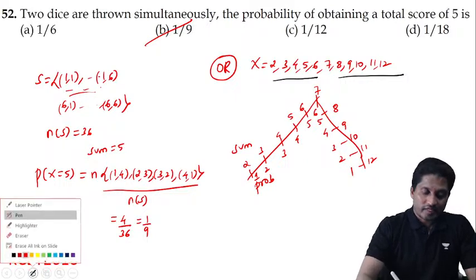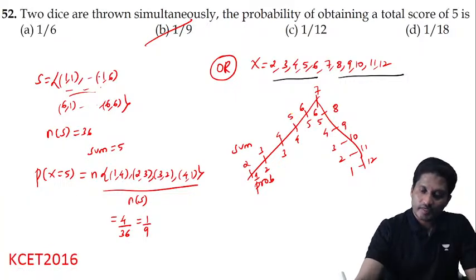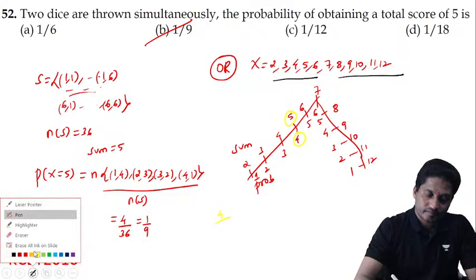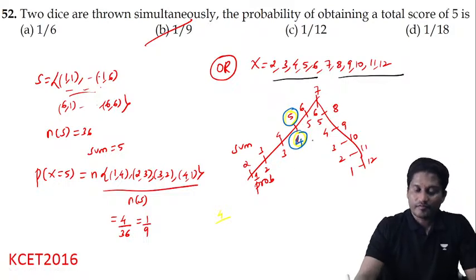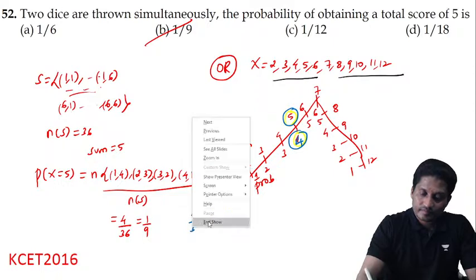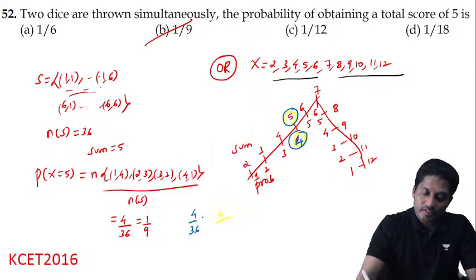Probability of getting sum 5 is 4 only, that's why this is 4 by 36, which is equal to 1 by 9.